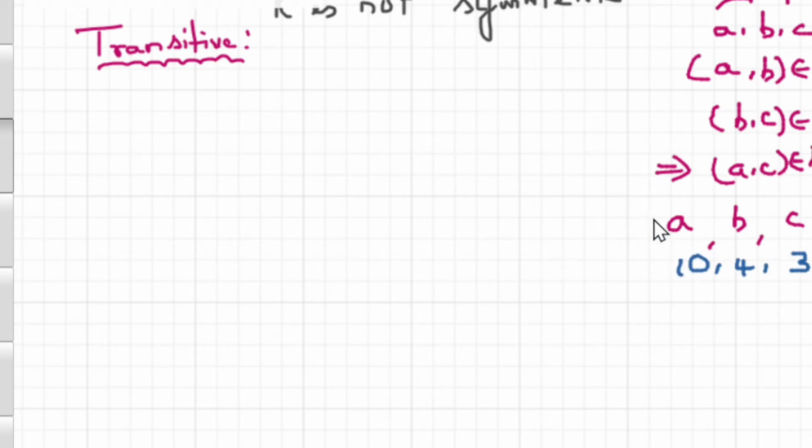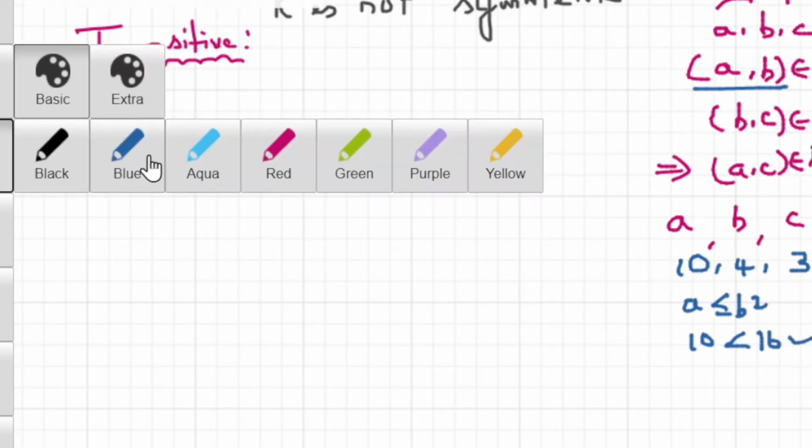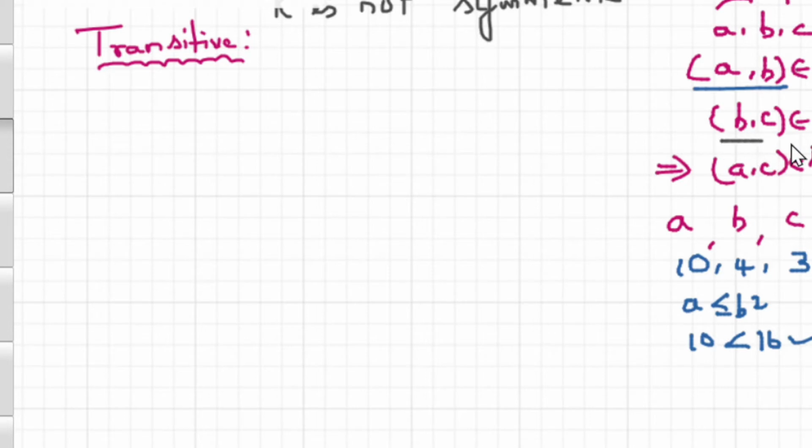The condition is a less than or equal to b squared for (a, b). So a is 10, and this is less than the square of b, which is 16. This is true. Next, for (b, c), b is 4, and the square of 3 is 9.